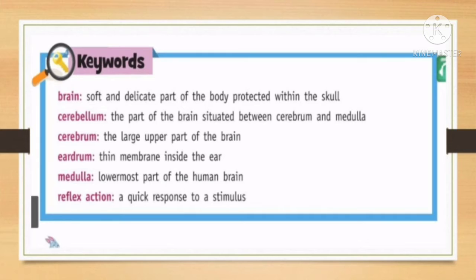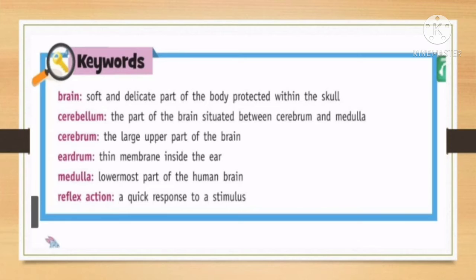Inside it, there is the brain, which is a very soft and delicate part of the body. And to protect the brain, the skull is there. If I ask you which organ protects the brain, you will tell the answer: skull.